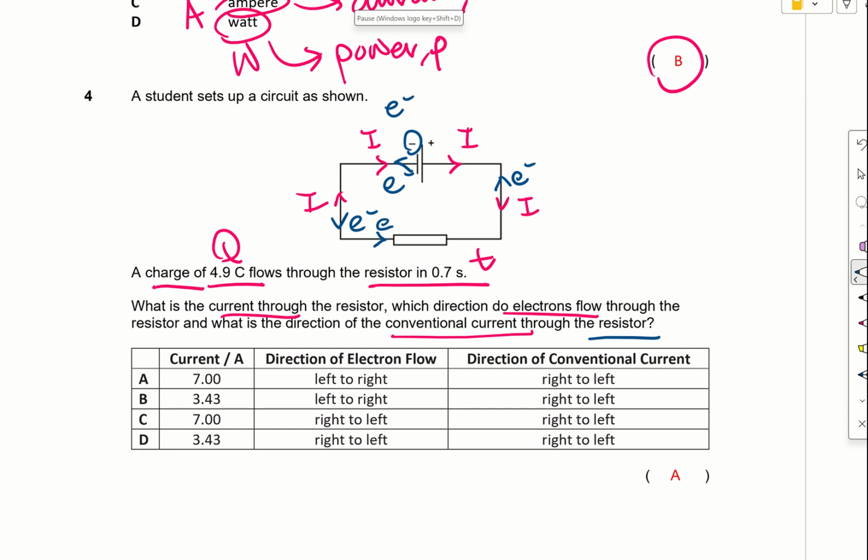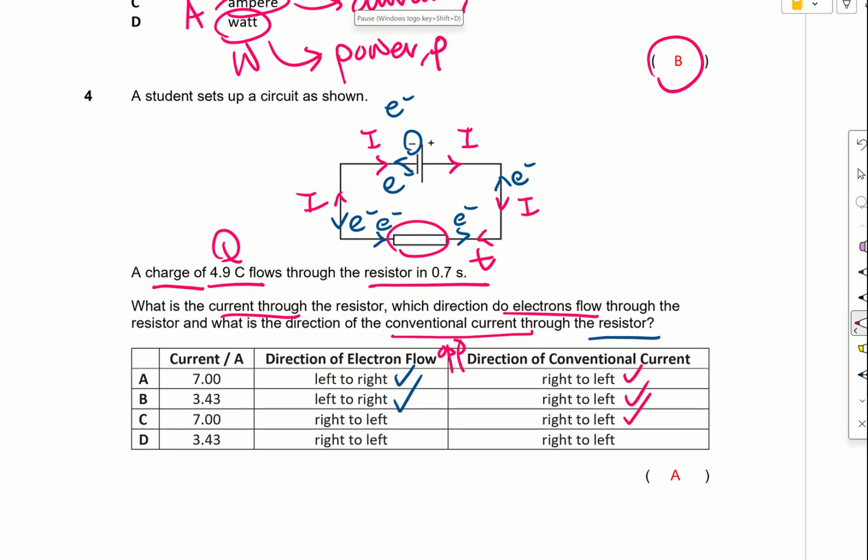So if the electrons flow this way, it is going from left to right. So this is the correct answer. And if we now look at our conventional current flow through the resistor, it will be from right to left. So the direction of electron flow is opposite to the direction of conventional current. Okay, so it's right to left.